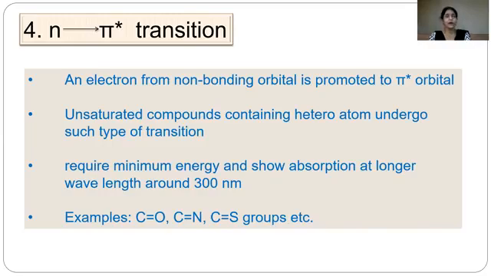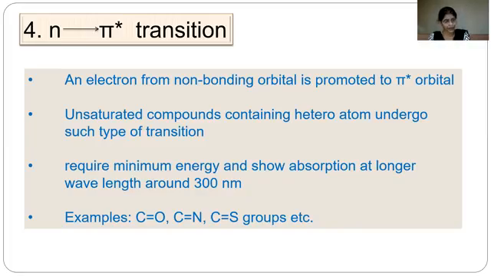Unsaturated compounds containing a heteroatom undergo such transitions, like C double bond O, C double bond N, C double bond S, where oxygen, nitrogen and sulfur are the heteroatoms having lone pairs of electrons. This transition requires minimum energy and shows absorption at longer wavelength, around 300.